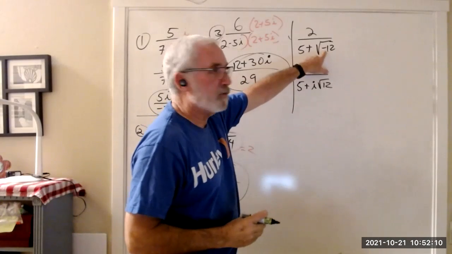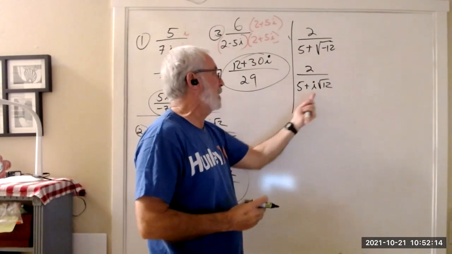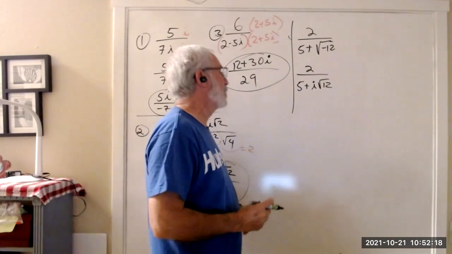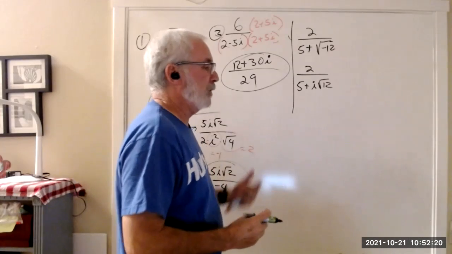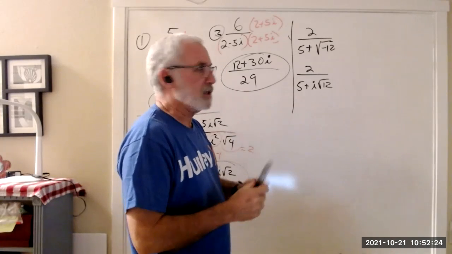The negative inside of a square root comes out and is now an i. Okay. I'm going to be lazy.